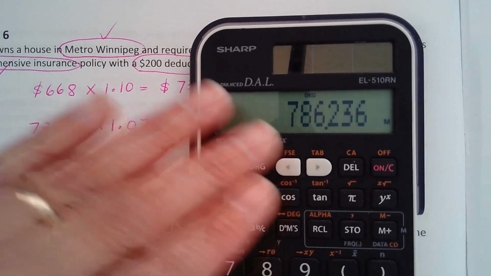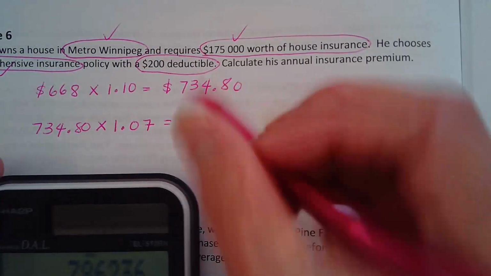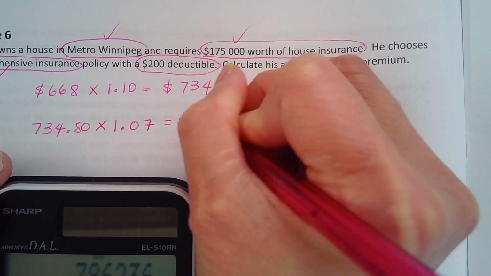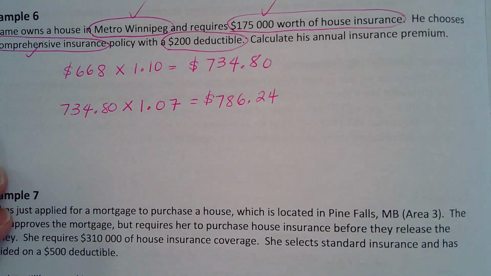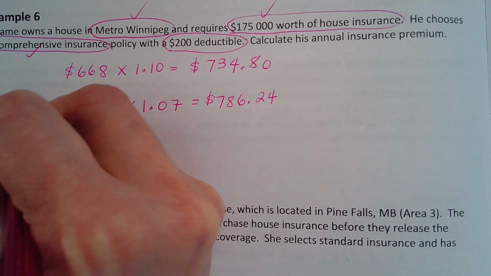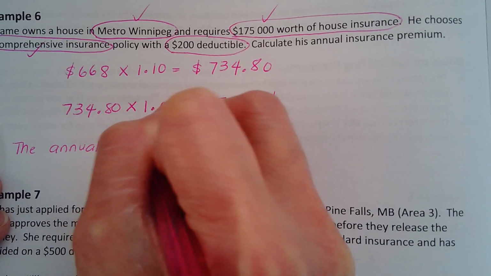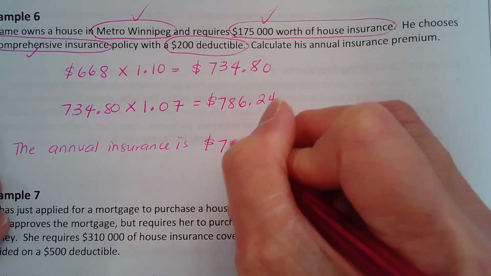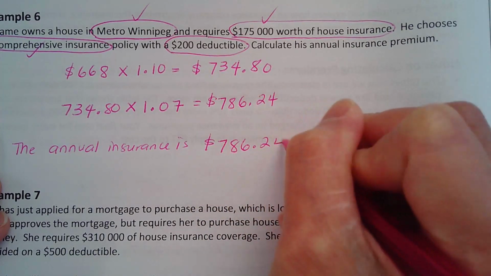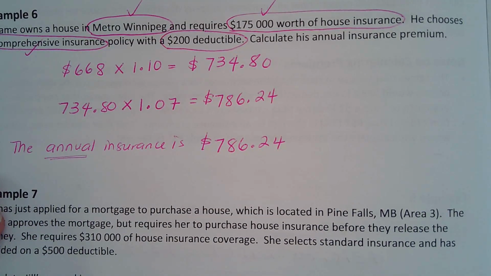Now I gotta round it off. So it'd be rounded off to 4. So the final answer is 786.24. So the annual insurance is $786.24, and that's annually. That means for the whole year.